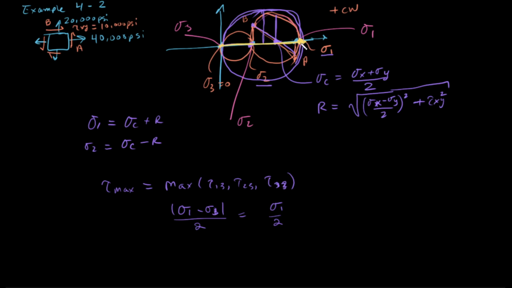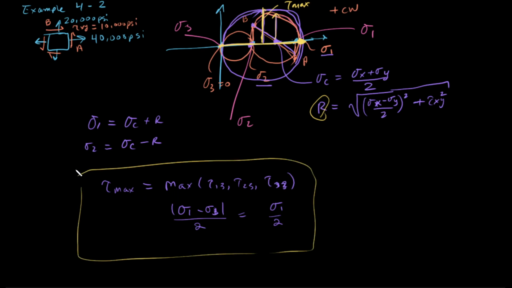That gives us the outer circle, and that gives us the max shear, versus the max in-plane shear that we get from the radius of this circle. So this is very, very important.